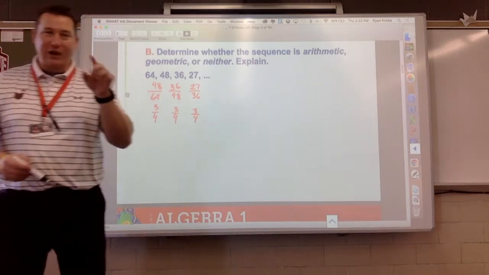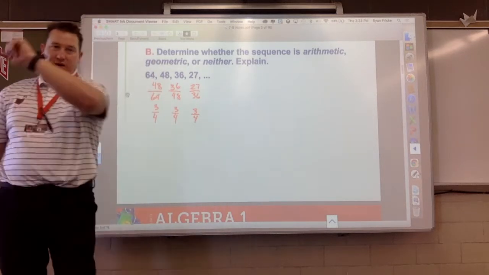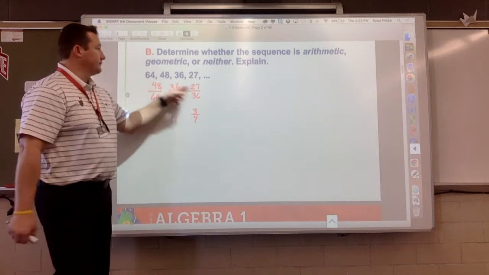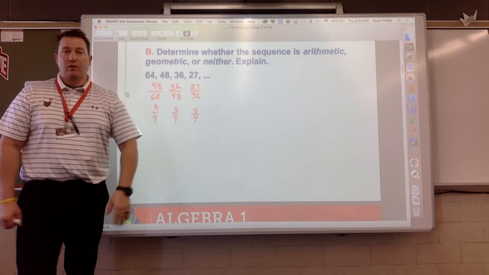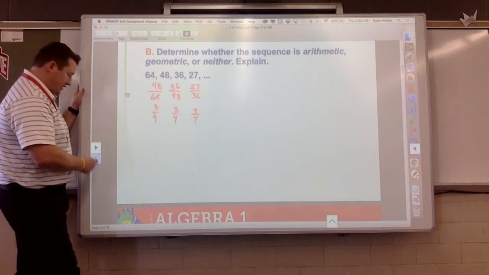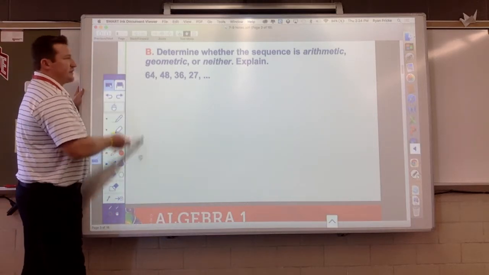Guess what our common ratio is? 3/4, you got it. So we determined it's geometric. They didn't ask for it, but the common ratio in this one is 3/4. They're going to ask for that eventually.